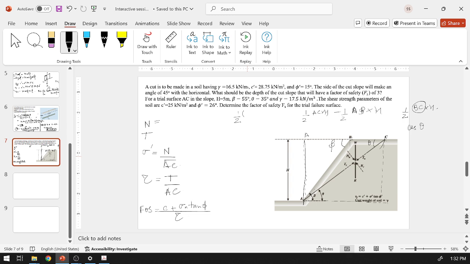This is not a right angle triangle. What we can do is take AC as h cos theta, and AB as h cos beta.